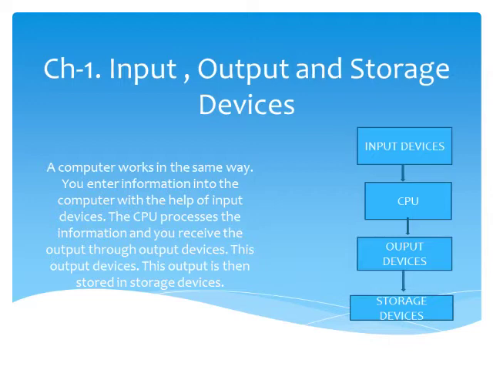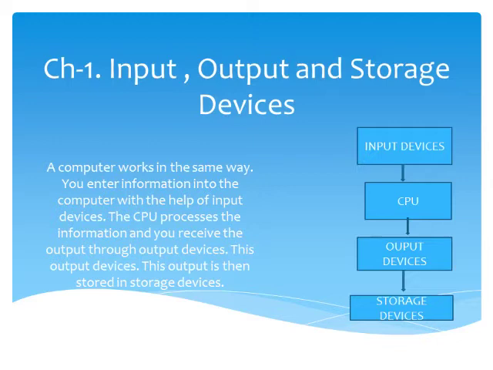So after input, what do we have to follow? What is going to process? Without processing we do not get any information, and with the raw facts and figures it is not possible to understand the things. So we have to process the input with the help of the CPU. After that, the output through output devices. How will we get our output?